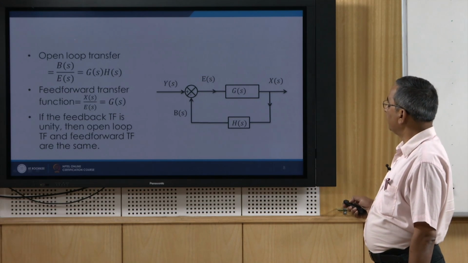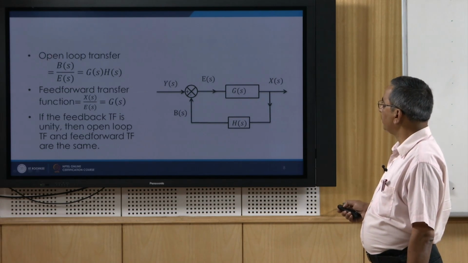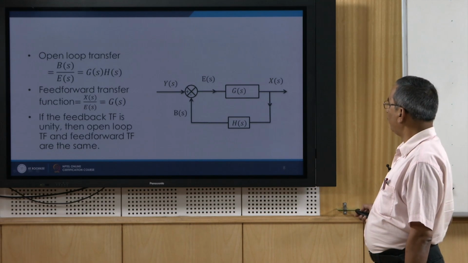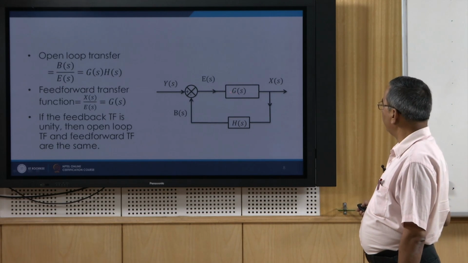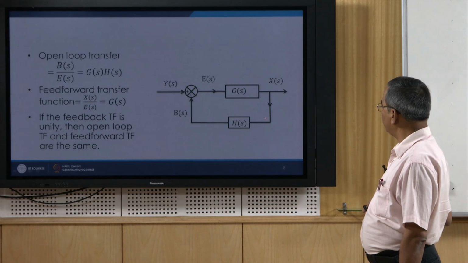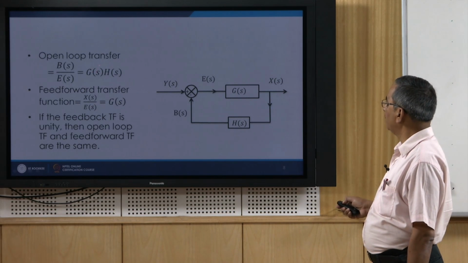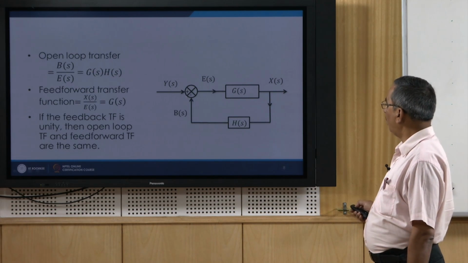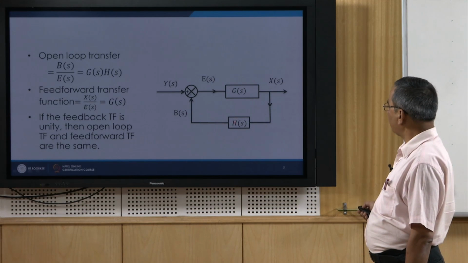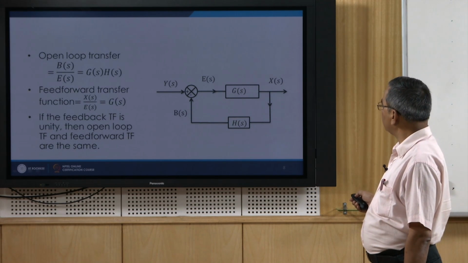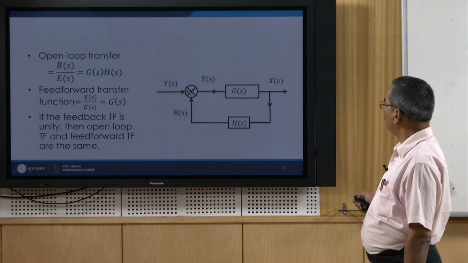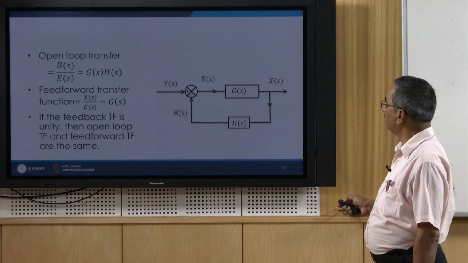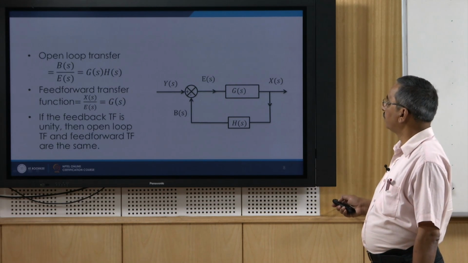So this is what is called the open loop transfer function, and here you can see that Bs by Es is given by the multiplication of Gs and Hs. So this is basically Gs Hs, or you can say that Bs is Hs into Gs into Es, alright. So this is what we call the open loop transfer function.